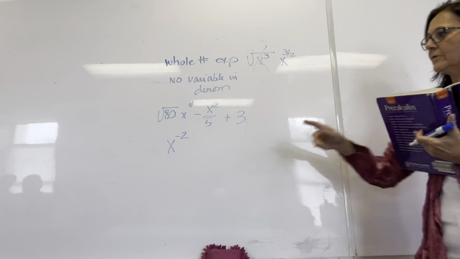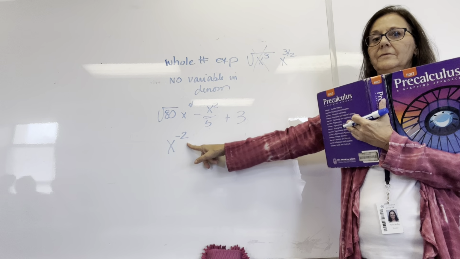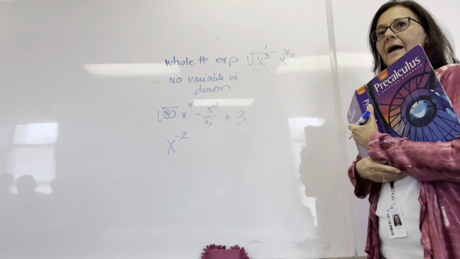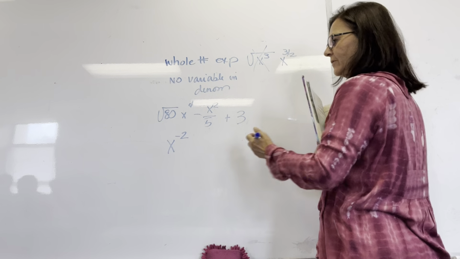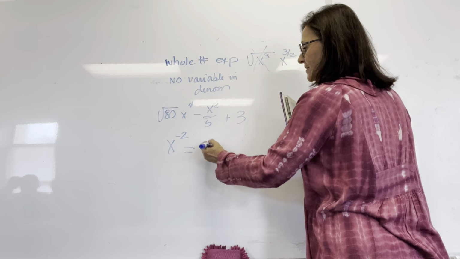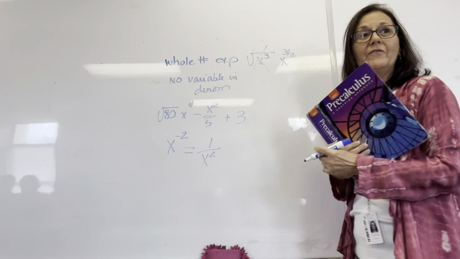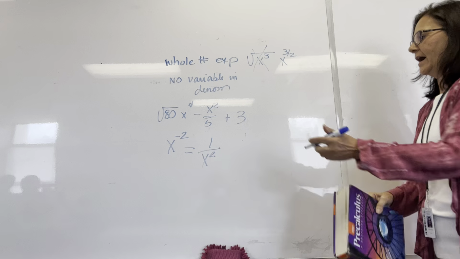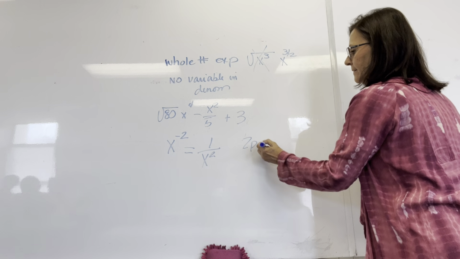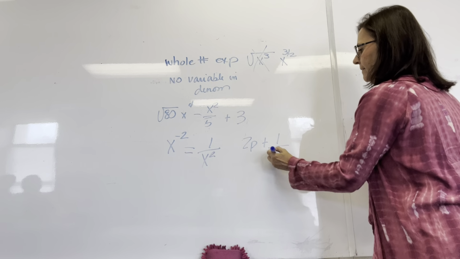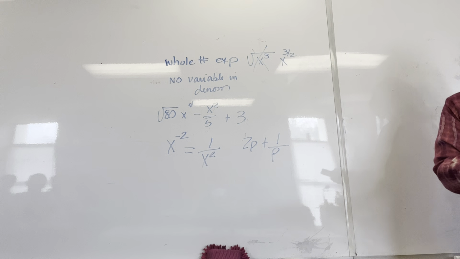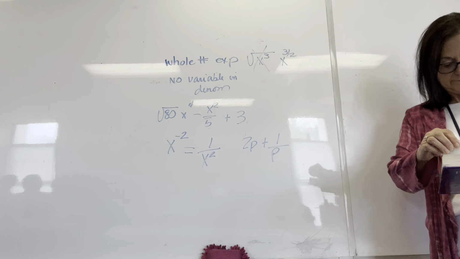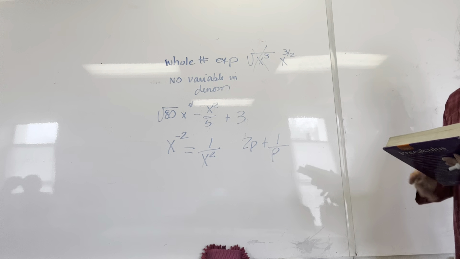Is this a polynomial? Why is it not a polynomial? Because that's 1 over x squared, moving it to the denominator. All right? What about that? Is that a polynomial? That is not a polynomial. All right? So you get it?